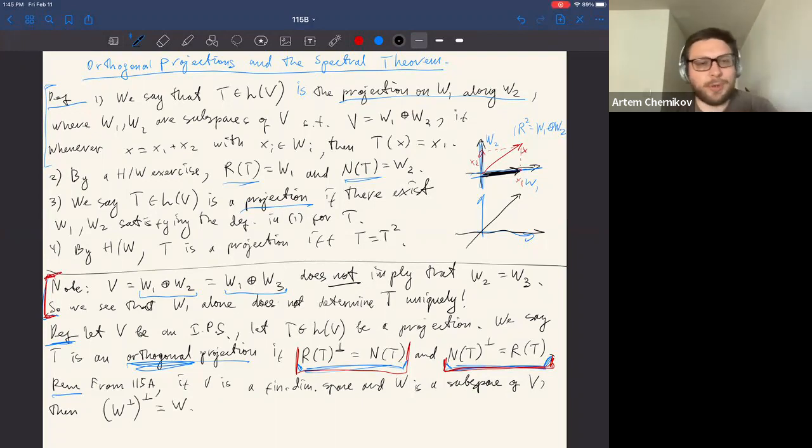So taking the orthogonal complement twice, you get back to the same subspace in the finite dimensional case.